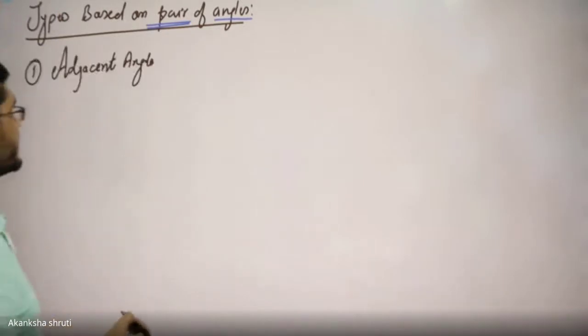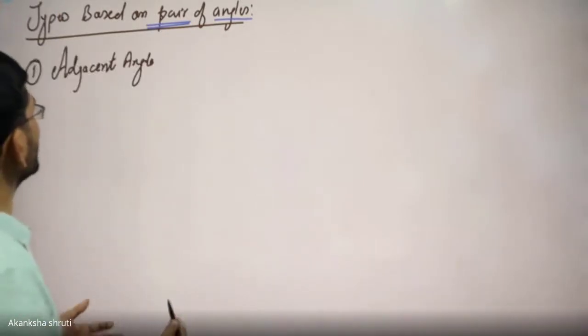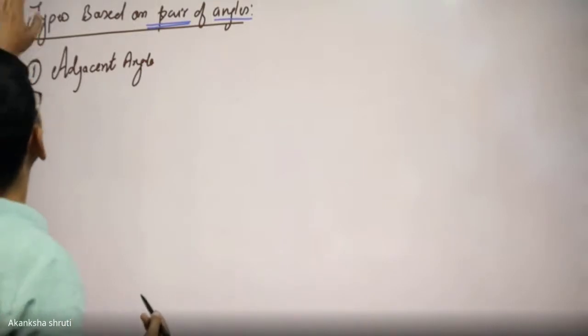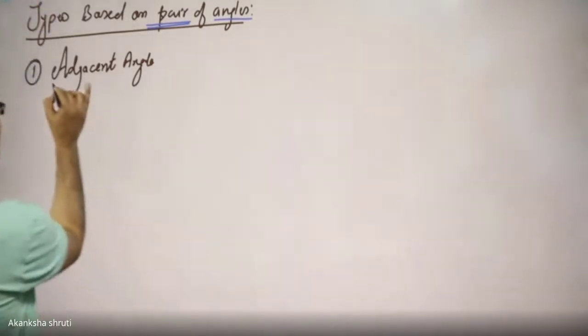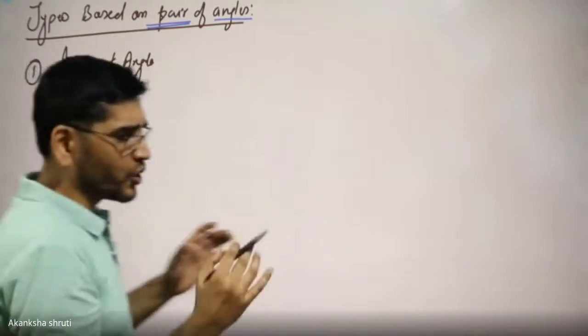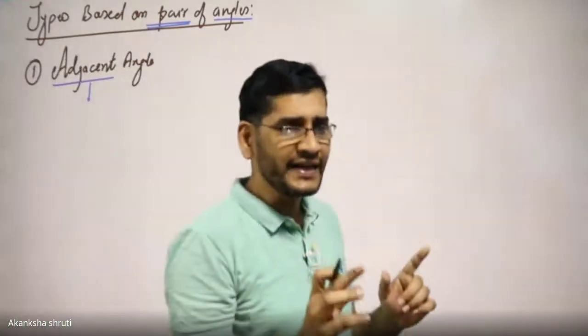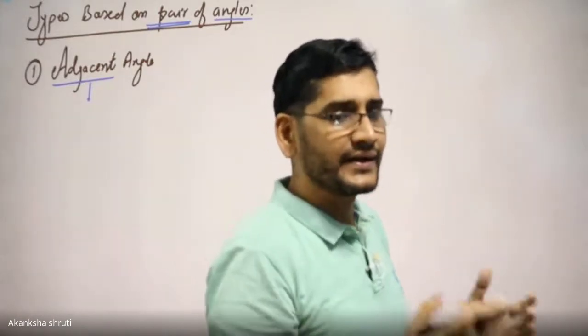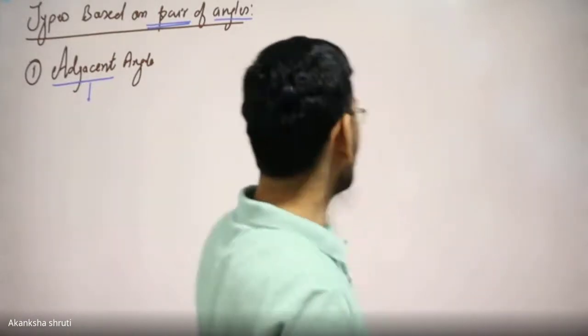We can identify whether the given angles are adjacent or not. Students, the name adjacent simply means having something common, or neighboring angle. Like neighbor, we use the term adjacent in mathematics.